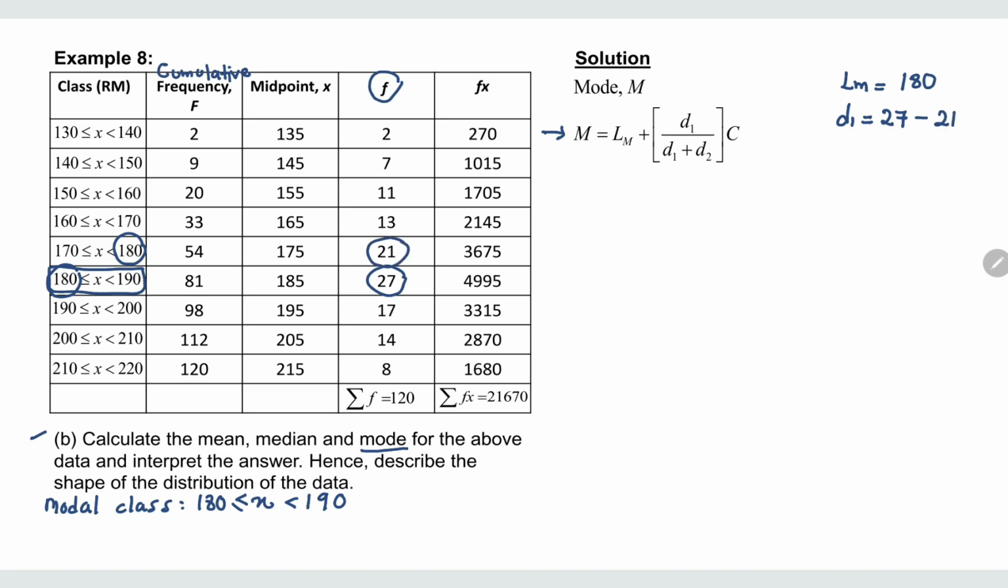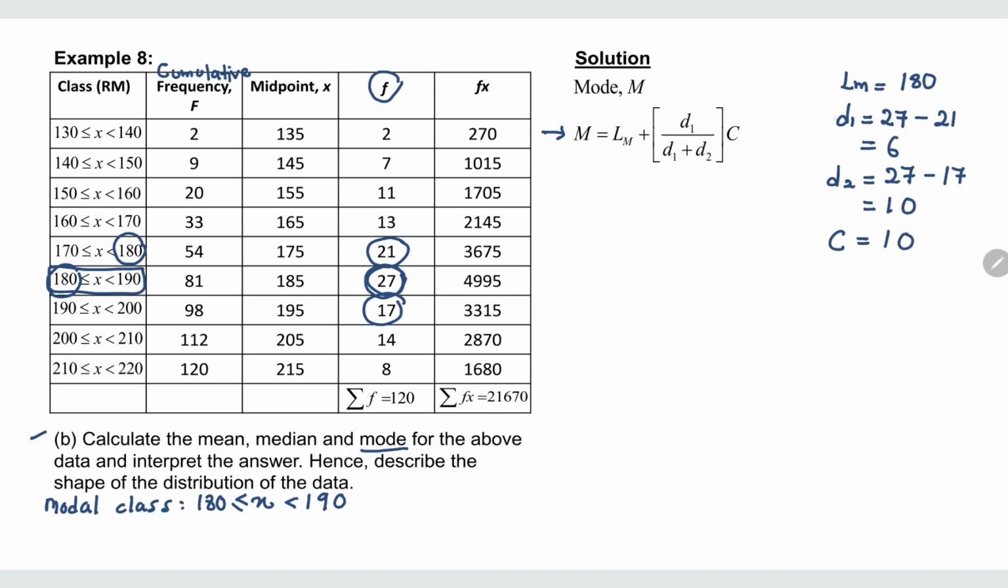So 27 minus 21 gives 6. Next, we must find d2: the frequency of the modal class, 27, minus the frequency of the class after, which is 17. So the answer is 10. Last, the class size, already found before. So C is 10.